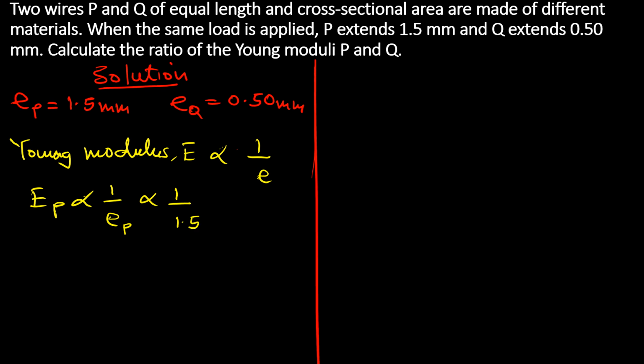So therefore, the Young modulus of P is inversely proportional to 1 over 1.5. Okay.